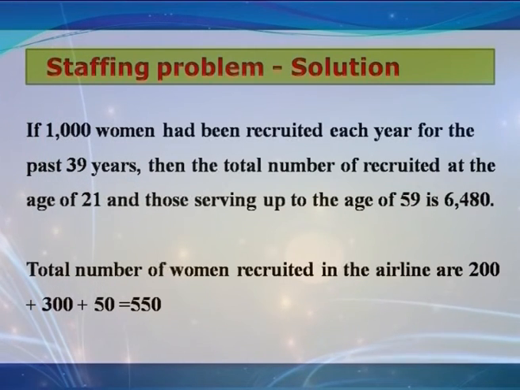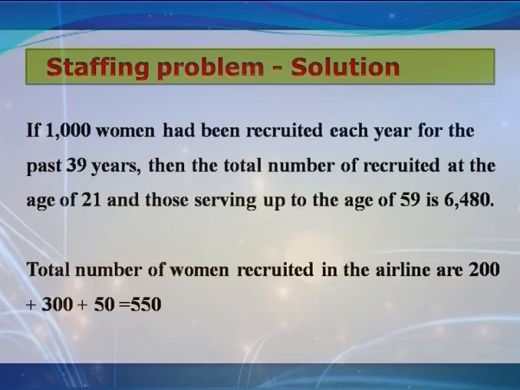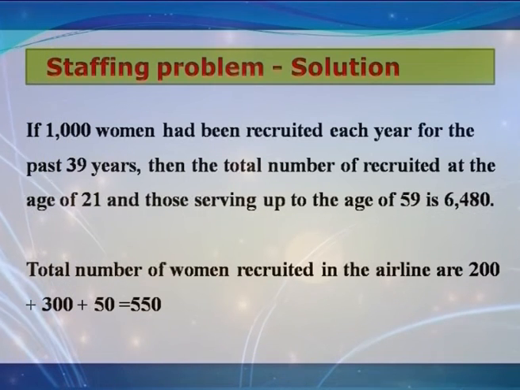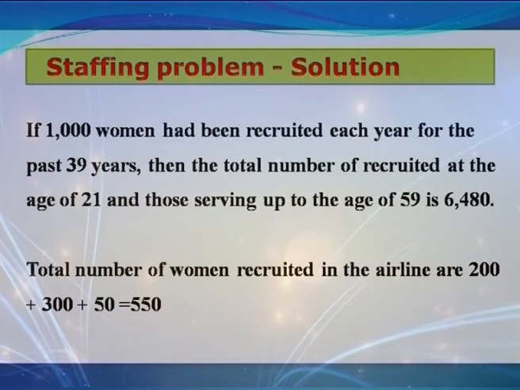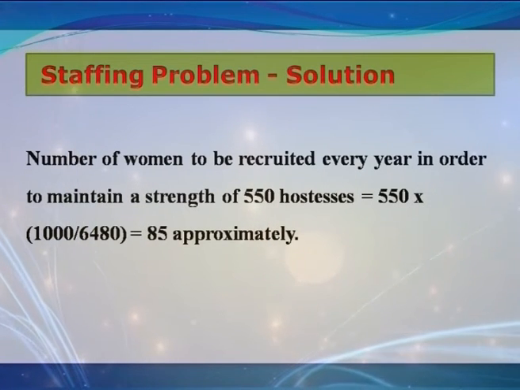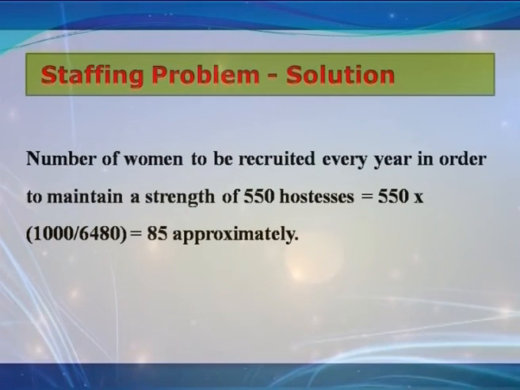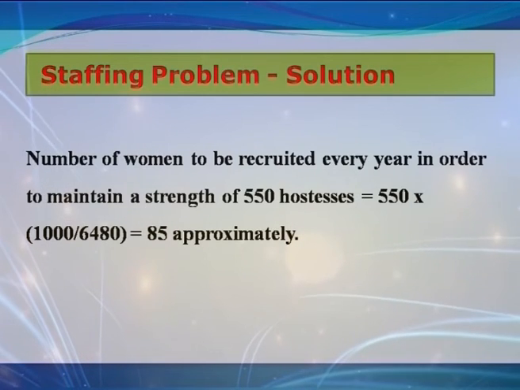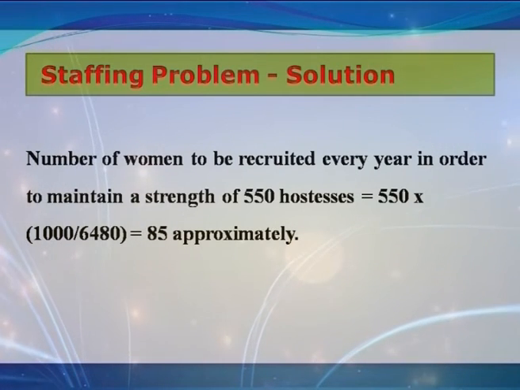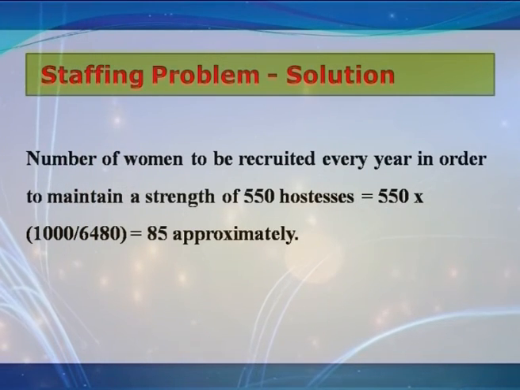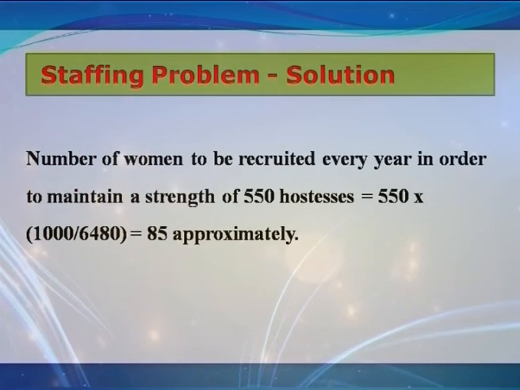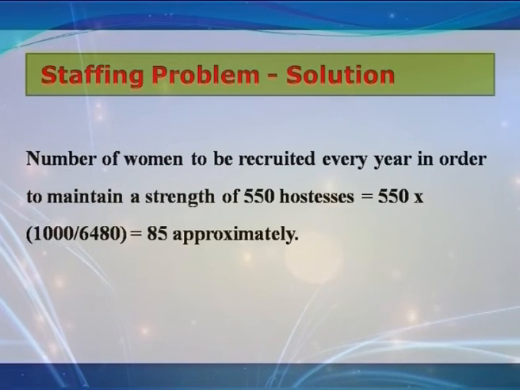Total number of women required in the airline is 200 + 300 + 50 = 550. Number of women to be recruited every year in order to maintain strength of 550 is 550 × 1000/6480, which is equal to 85 approximately.